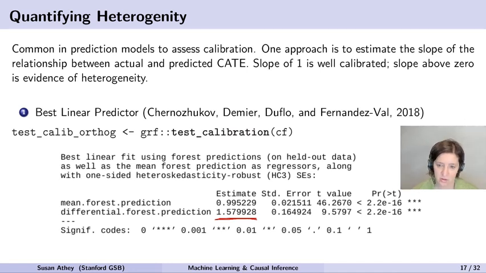First of all, that's different than 0, which is good, which means that when our estimated CATE changes, that is positively correlated with actual treatment effects. We can reject that it's 1, though, which says that this is not perfectly calibrated. And we can also reject that this coefficient is 0, which says that there's actually treatment effect heterogeneity.